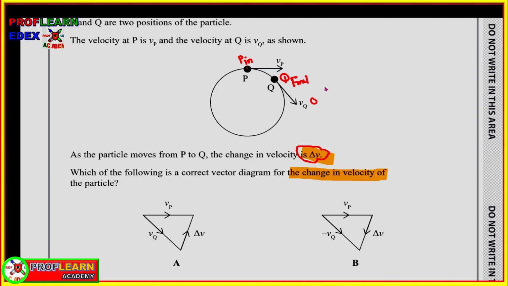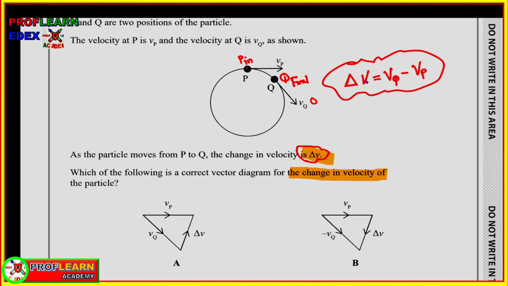Whenever you are working out the change, you will realize that change in V is going to be the velocity of Q minus the velocity of P, because we are talking of it moving from P to Q, so Q is the final point and P is the initial point, so we can subtract it like that.